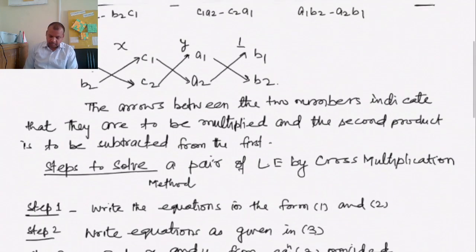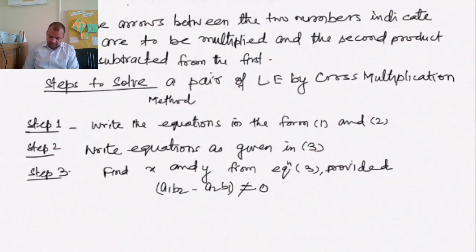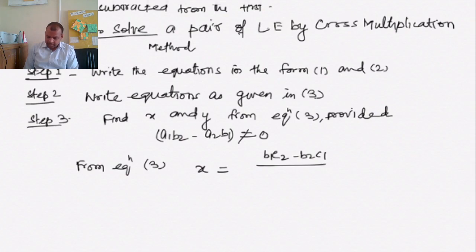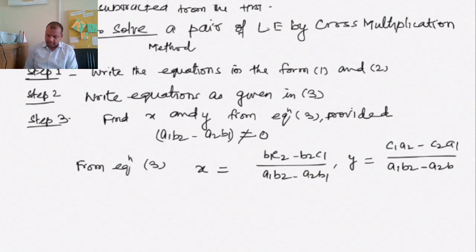See, from equation 3, we have x equals b1 c2 minus b2 c1 upon a1 b2 minus a2 b1, and y is equal to c1 a2 minus c2 a1 upon a1 b2 minus a2 b1.